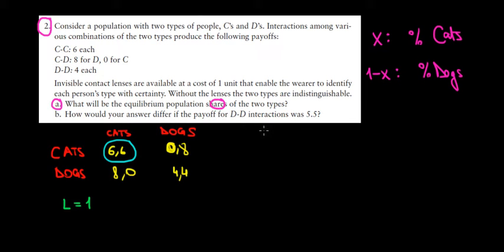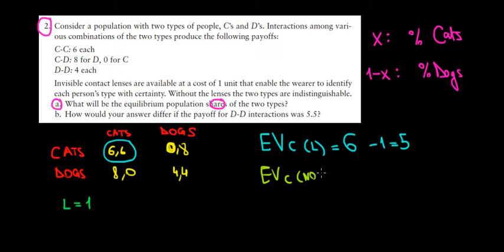Meaning that if a cat goes for lenses, the expected value of a cat including the lens would be 6, because for sure they're going to interact with cats, but then they have to pay for the lens 1 unit. So 6 minus 1 would equal to 5. Now what would be the expected value of a cat without the lens?